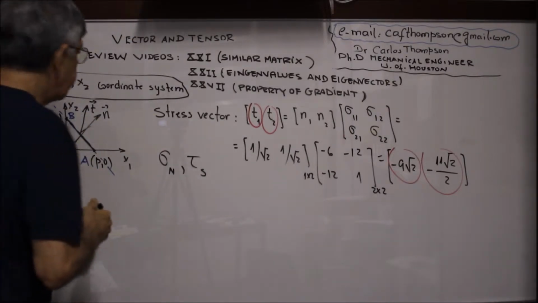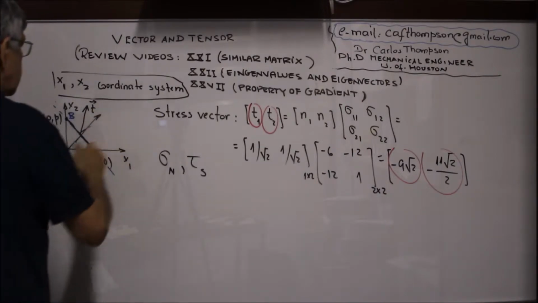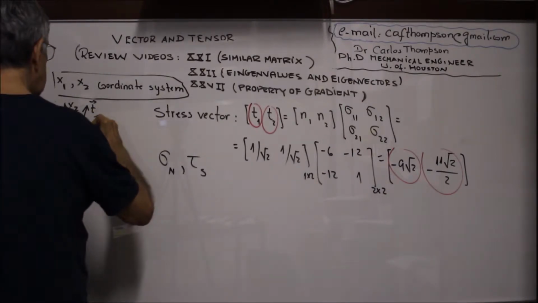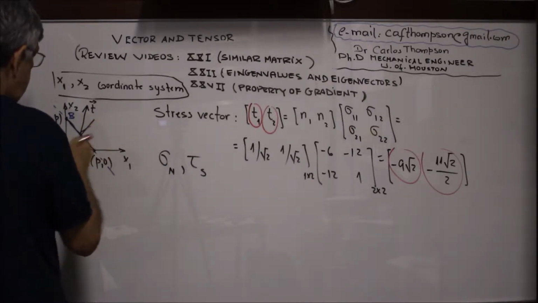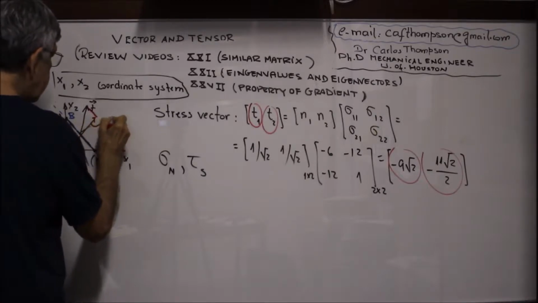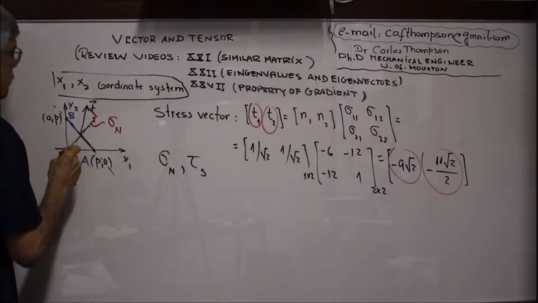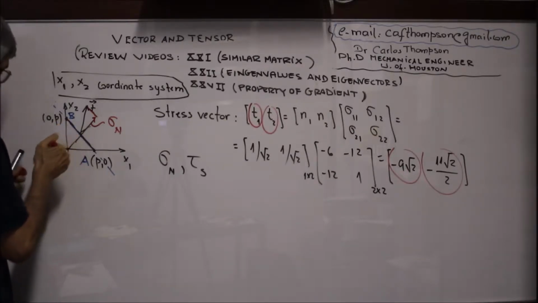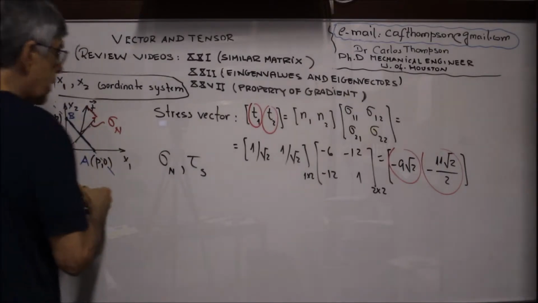Now you see sigma n, I will draw here. Sigma n is the component of T along n. If we do the dot product between T and n, we're going to get sigma n.